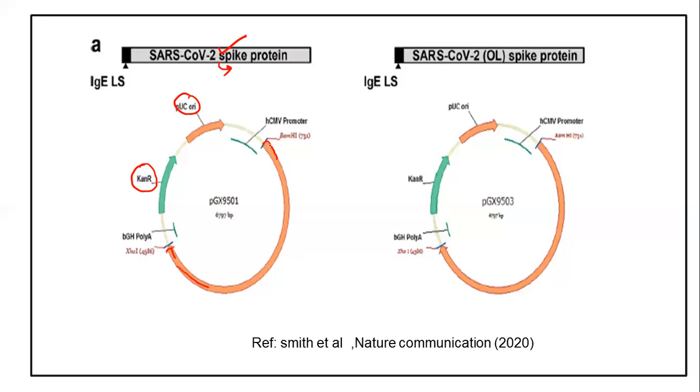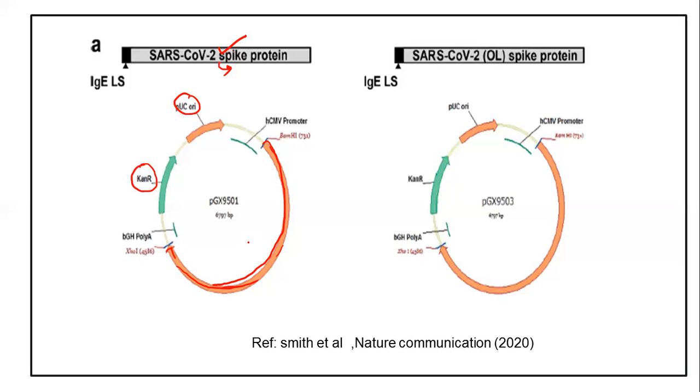Now this plasmid is injected into the animal model, by use of a gene gun or different microinjection techniques, so that it enters into the cell and uses the host machinery or human promoter.